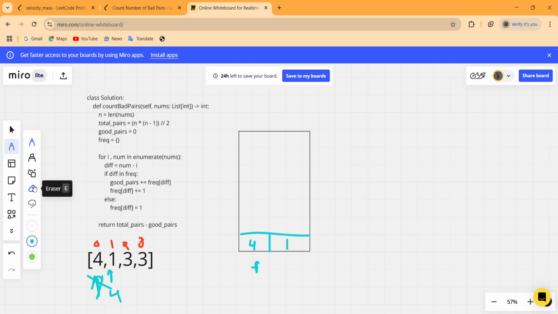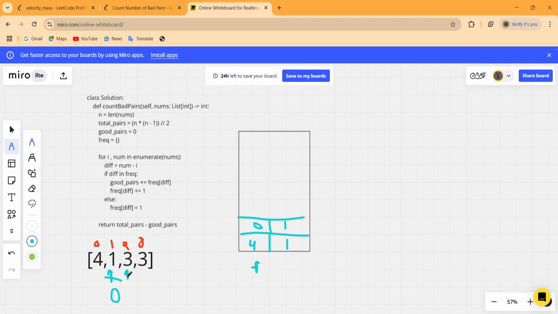Let us erase the previous ones. This time it checks the difference, num minus i, that means 1 minus 1, that is 0. It again checks if 0 is in the frequency dictionary. No, 0 is not present, so we put 0 with a frequency of 1 in the frequency dictionary.